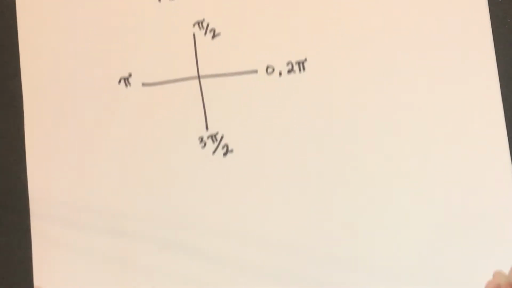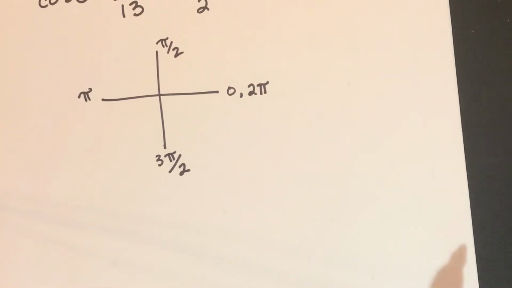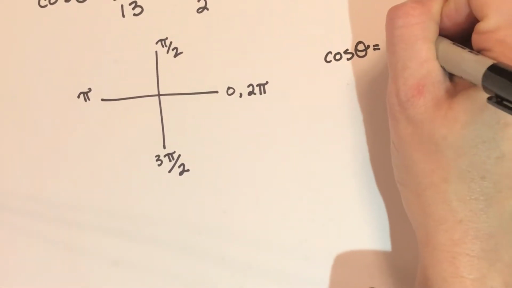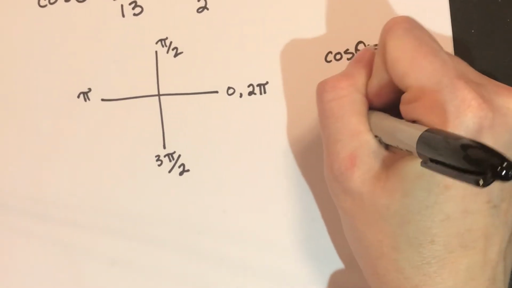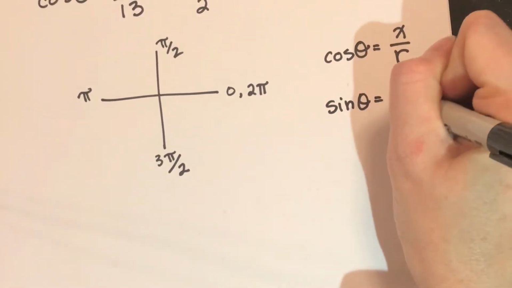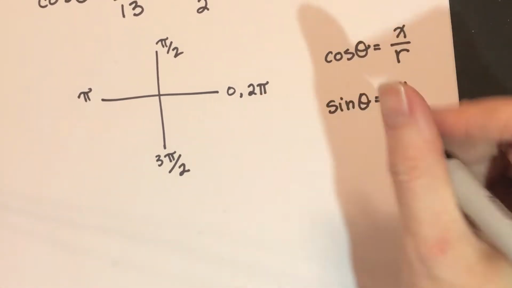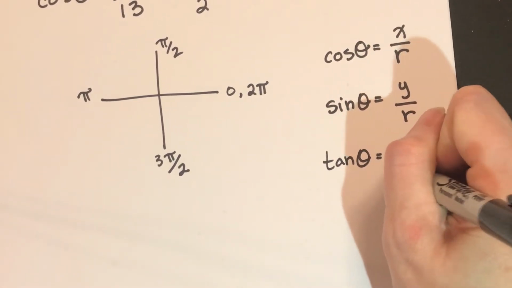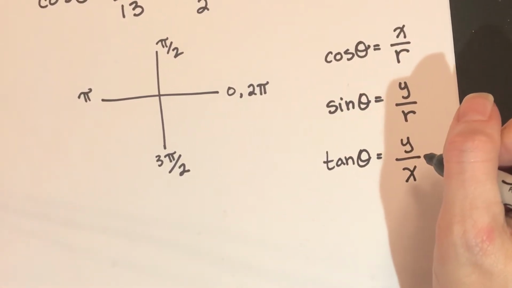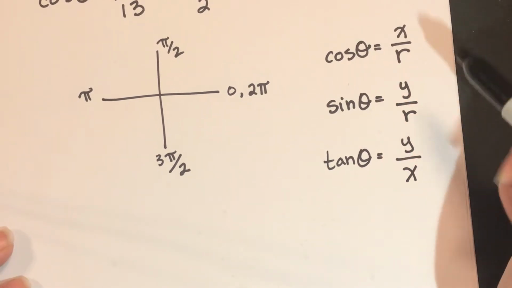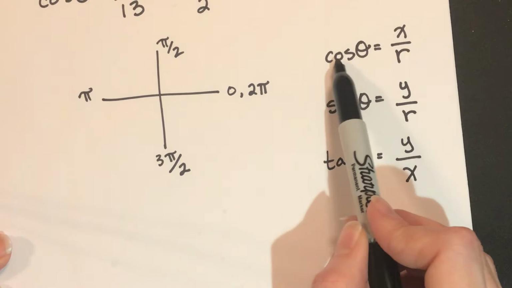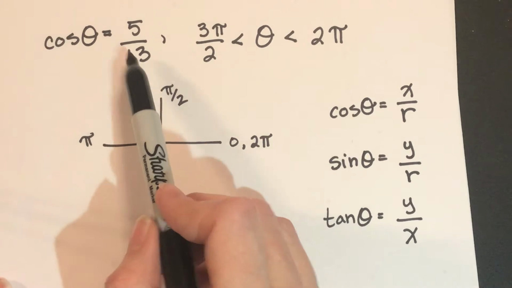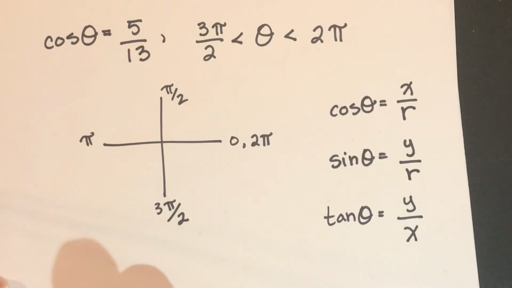Now you have to go back in your memory and remember that cosine is x over r, sine theta is y over r, and tangent is y over x. So if our cosine is 5 over 13, then x equals 5.